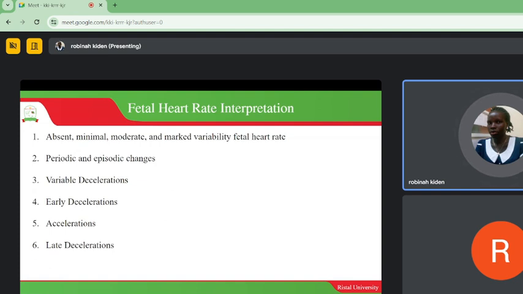When we talk about marked, is it something that calls for immediate action, or is it something that you can manage, that you can do a few actions, and they can be alleviated? Then periodic and episodic changes. When we talk about periodic and episodic changes, the heart rate keeps on changing.